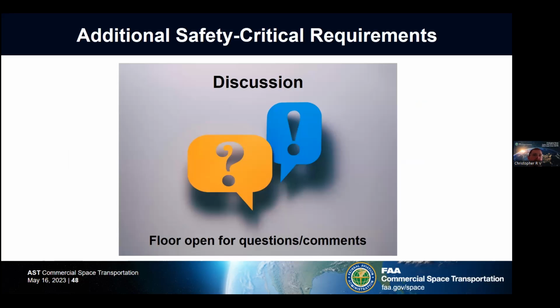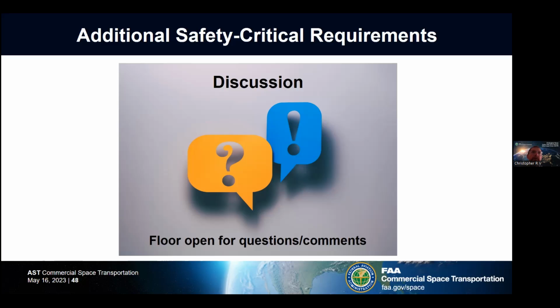And that's additional safety critical requirements. So as discussed today, we discussed 450.109 flight hazard analysis. We discussed 450.143 safety critical system requirements for design, test, and documentation, how their applicability is determined, and then what those requirements are.